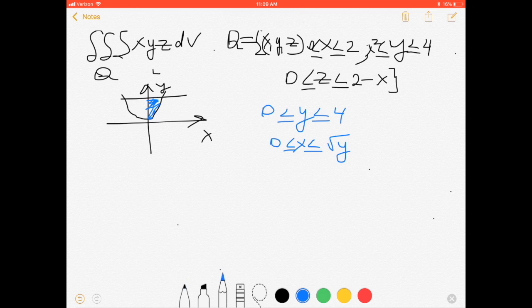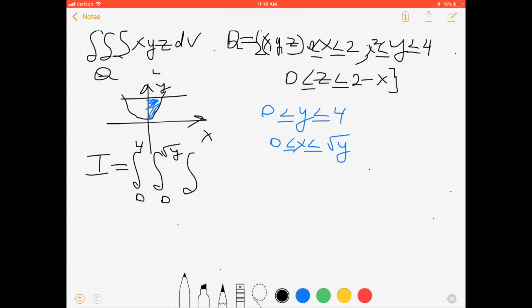Okay, and now my integral we can rewrite like this: 0 to 4 is how y changes, 0 to square root of y is how x changes.